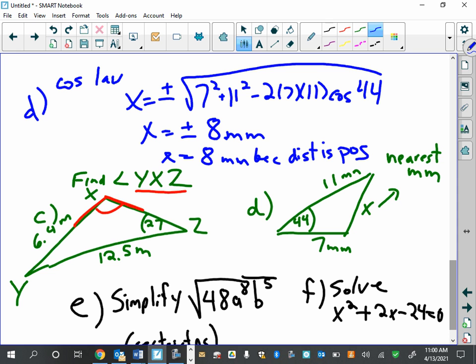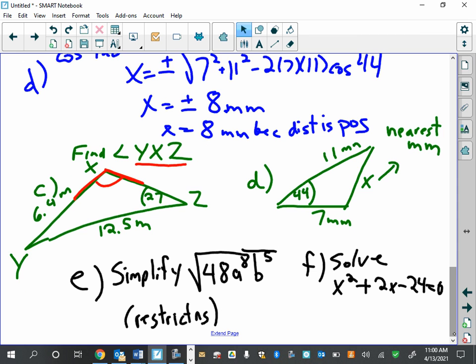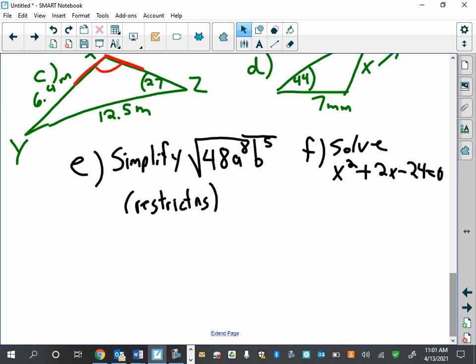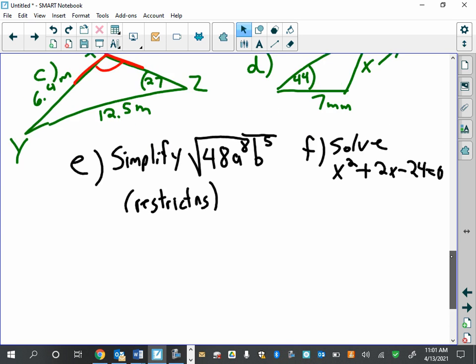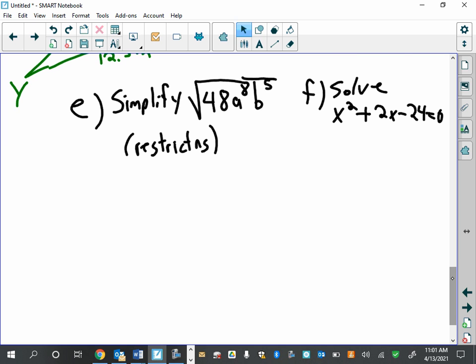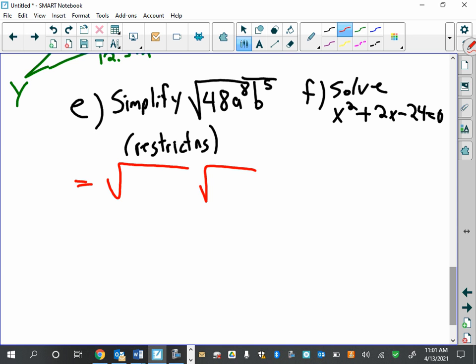We just did trig, so let's talk about radicals now. Radicals. Okay, simplify and restrictions. I like to do the perfect squares first and the leftover second. If you want to break down the numbers and the a's and the b's and have 6 radical signs, that's up to you. But I'm going to break up 48 into 16 times 3.